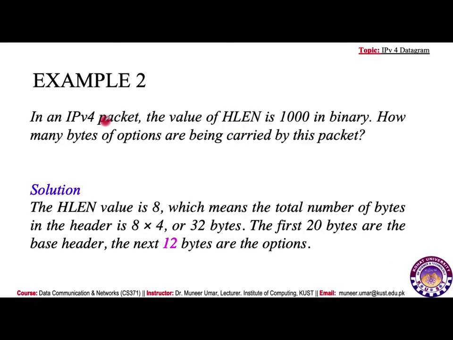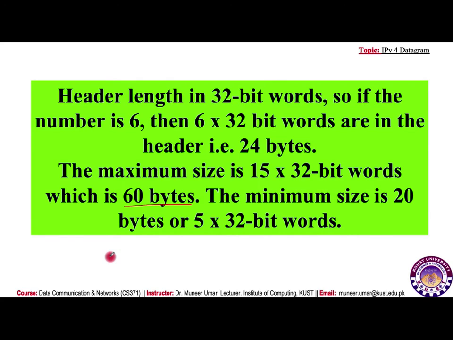If we convert this 1000 to decimal, it will give us 8, which means the total number of bytes in the header is 8 multiplied by 4, or 8 multiplied by 32 bits, which is equal to 32 bytes. So the first 20 bytes are the base header.